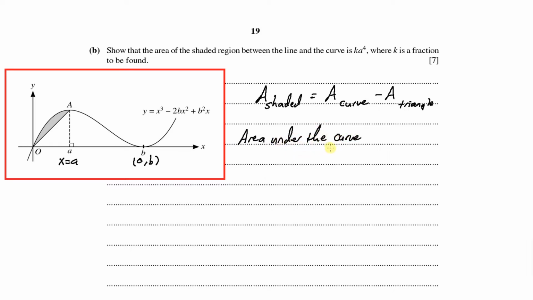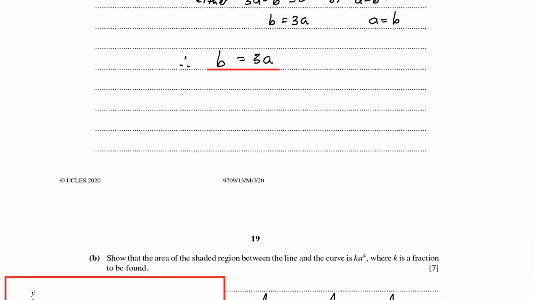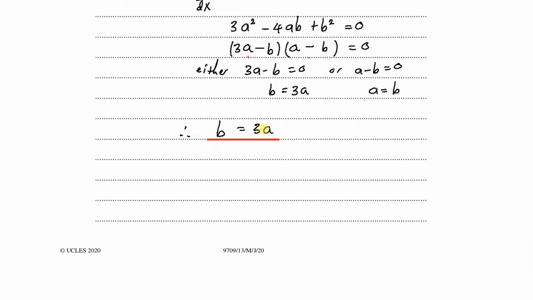Now for the curve, which has equation y is equal to x cubed minus 2bx squared plus b squared x. I'm going to write it in terms of a, since in the previous question we had proved that b is equal to 3a.